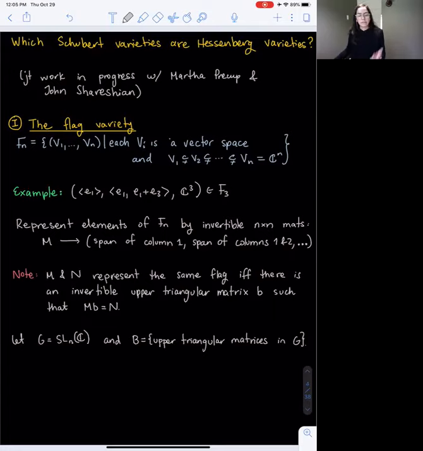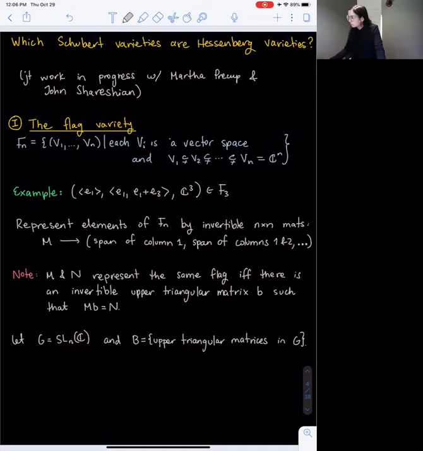But we can say exactly when two matrices represent the same flag: they represent the same flag if and only if there's an invertible upper triangular matrix B such that when you multiply on the right by B, you go from one to the other. This roughly amounts to doing column operations, where you leave the first column fixed, but then you can add the first column to the second column to change your second column, and then you can add the first two columns to the third column to change it, and so on. So this is roughly what is happening.